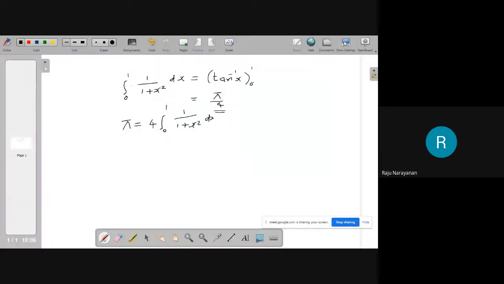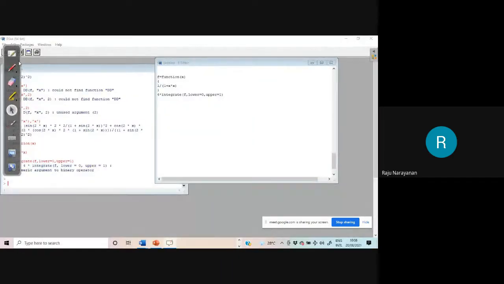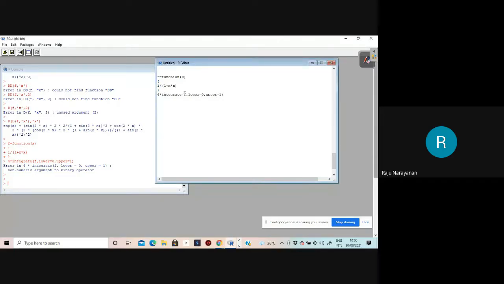Any spelling mistake? Integrate, that is also correct. Error in 4 in integrate. Okay, he is not happy with this one. Okay, no problem. Let us avoid that one.